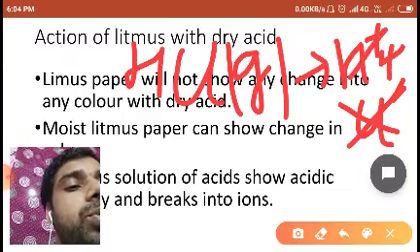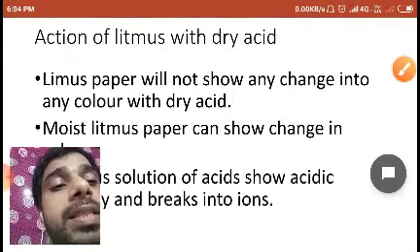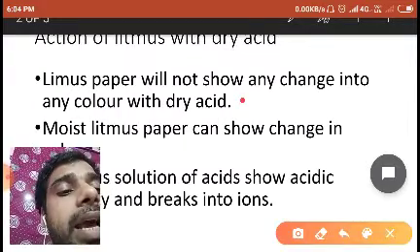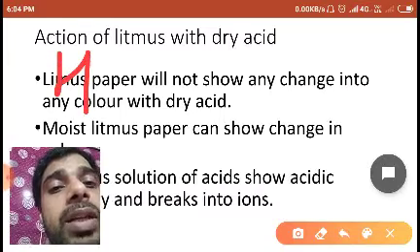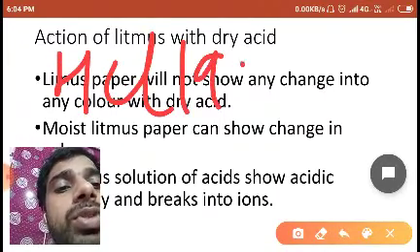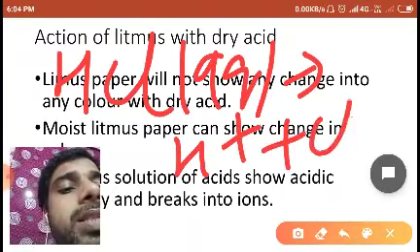But HCl in the aqueous solution will break down into H plus and Cl minus.